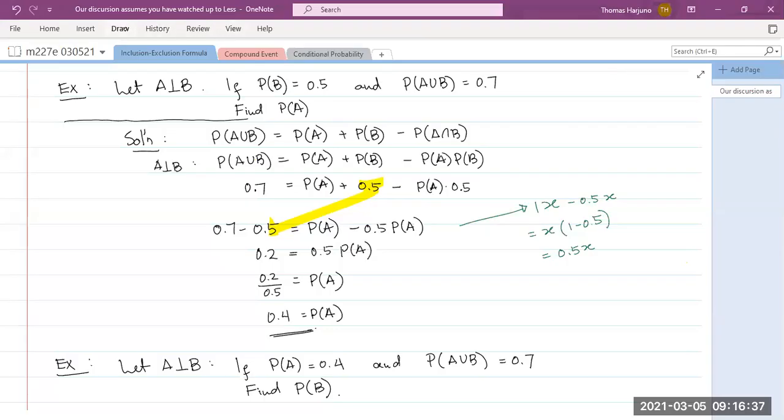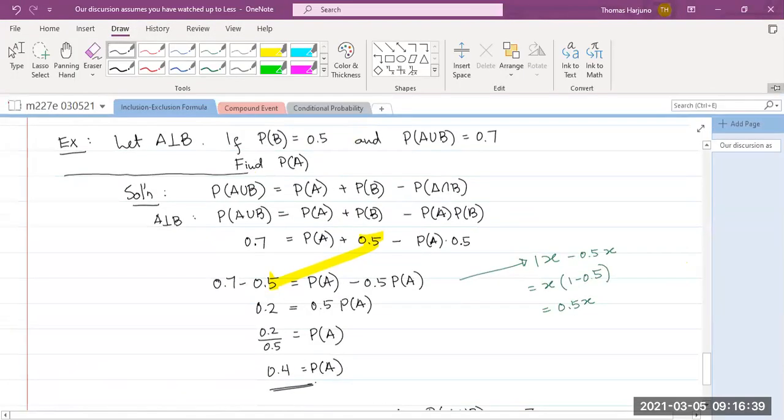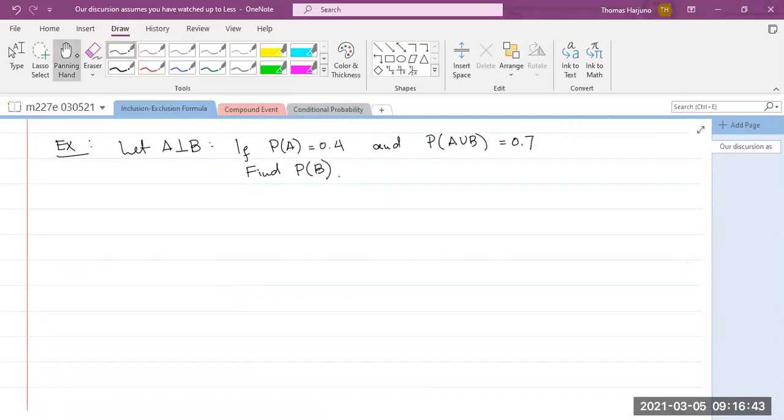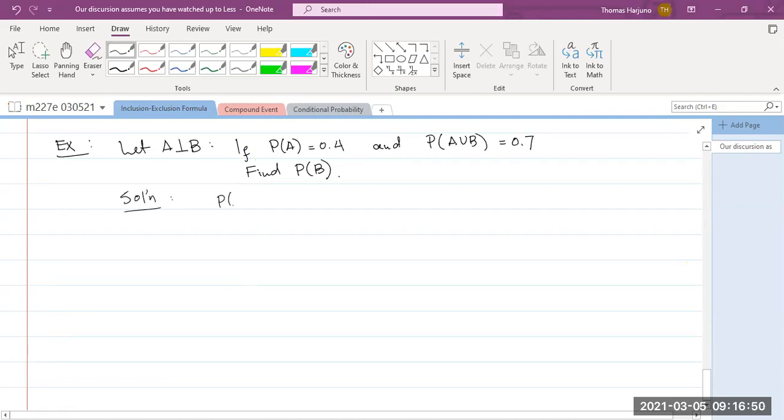Okay, let's start. Let's start the solution. Probability of the union is probability of A plus probability of B minus probability of the intersection.